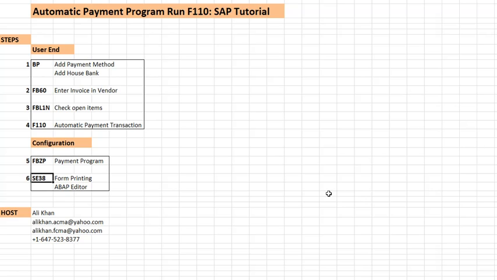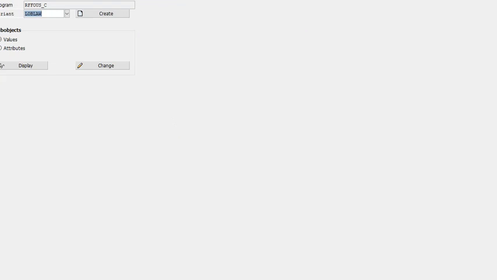So let's start. I have divided today's lecture into two parts: user and training, and configuration. In user and training, first thing you have to add the payment method and house bank in your vendor master. Let's get started.